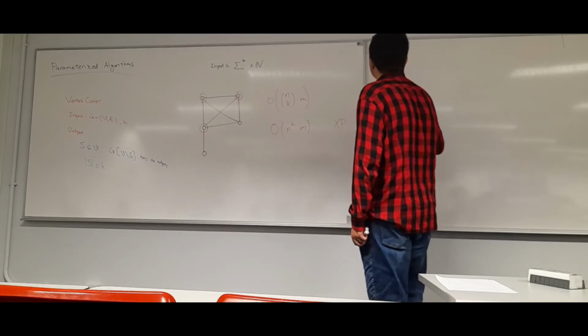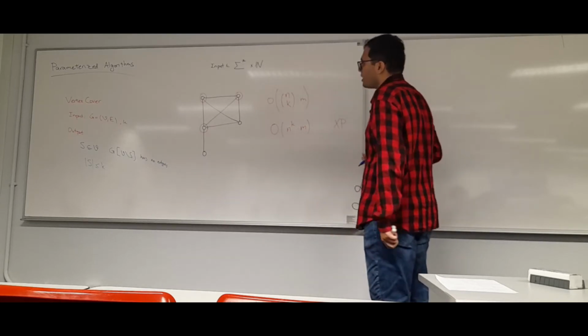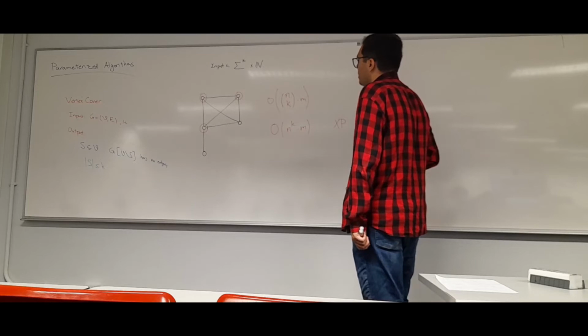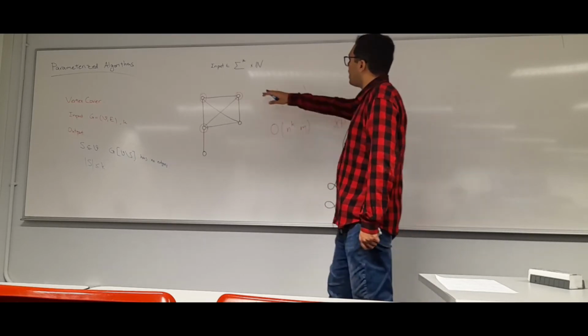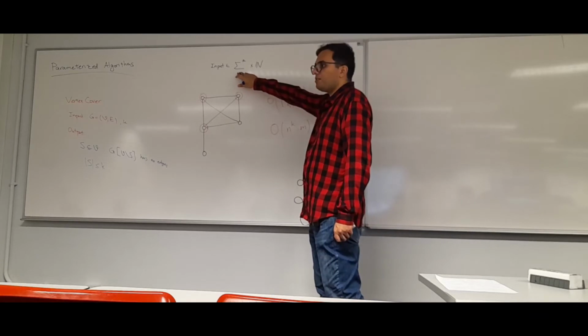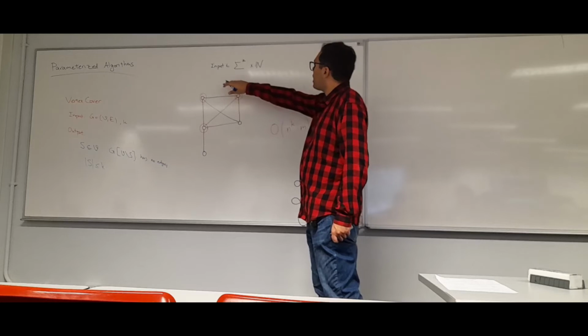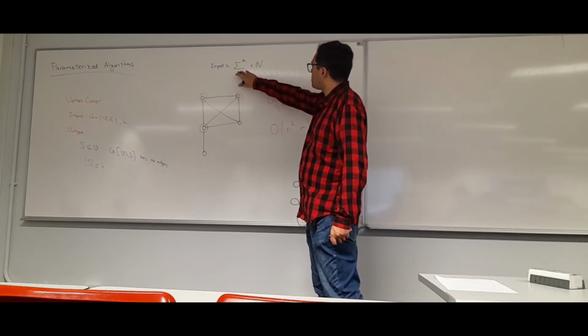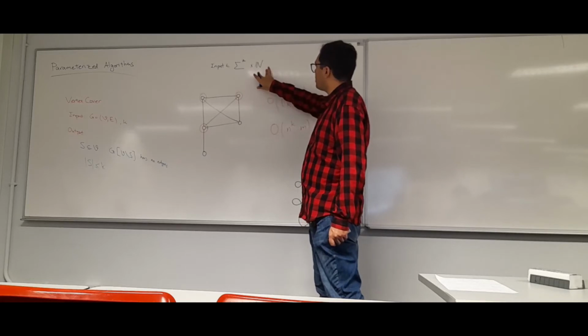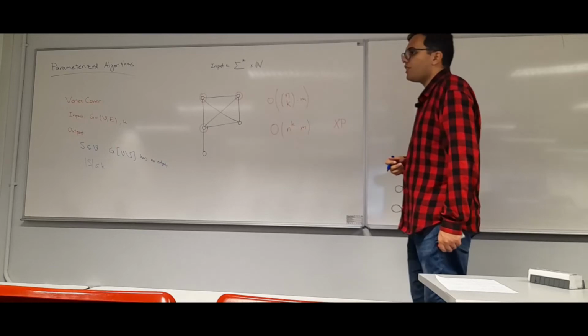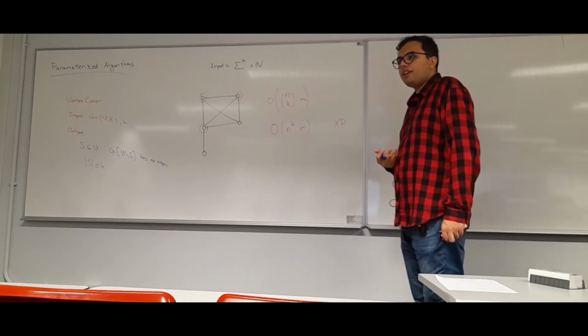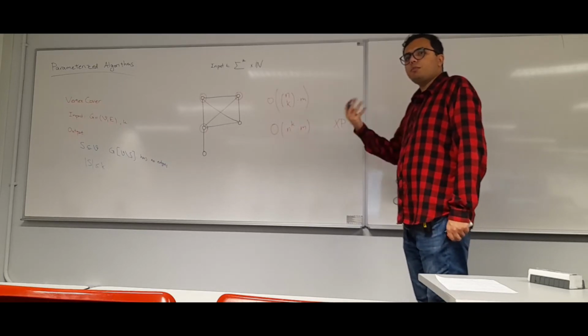this is the definition. So now that I'm working with parameterized algorithms, I have to define a lot of new things. So I have the same alphabet as before, which is usually 0 and 1 for writing the input. But now my input is going to be some string and some integer. So in other words, if I want to define a language now, my language was supposed to be a set of inputs, right?